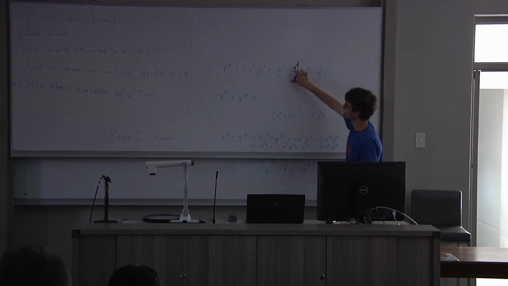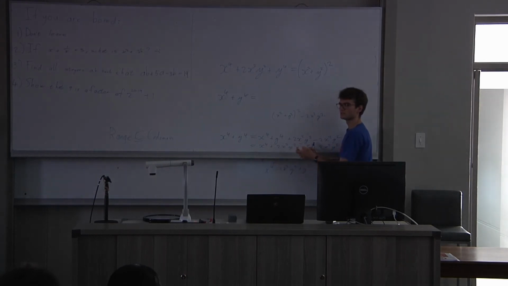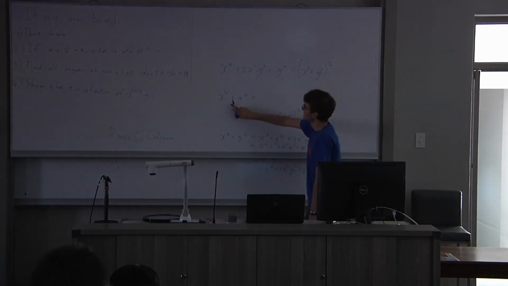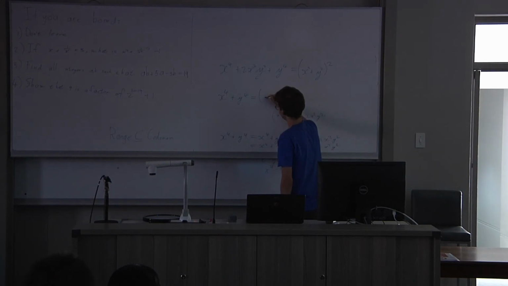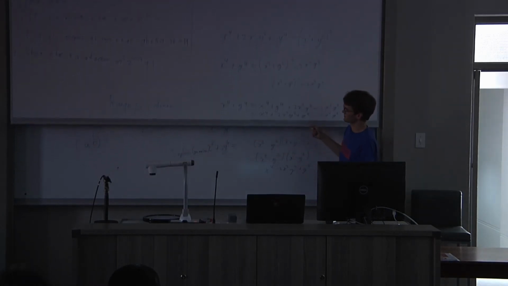And does that not look the same as this part over here? Are you okay with that? So then x to the 4 plus y to the 4 is x squared plus y squared all squared minus 2x squared y squared. So at this point, is there something that it looks similar to?